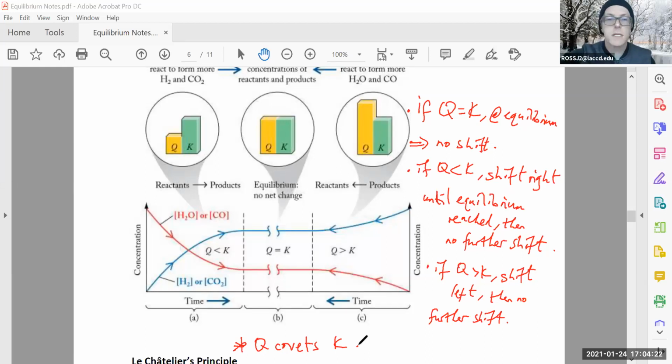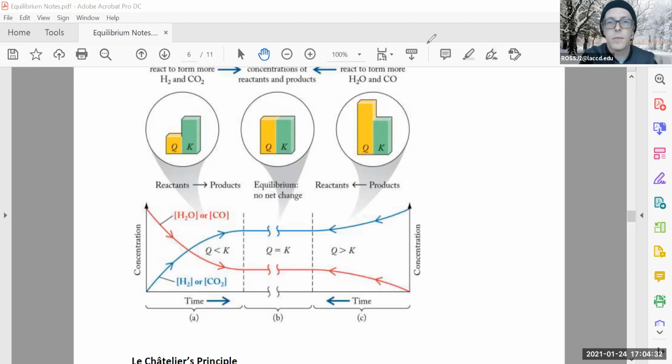So you could write down the same expression for this chemical reaction.